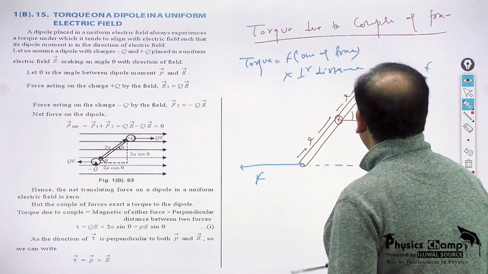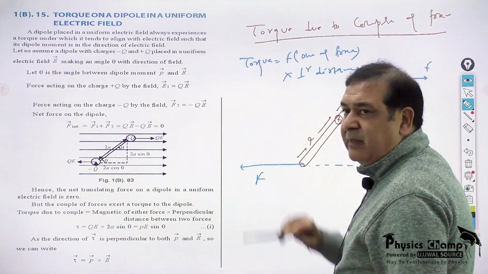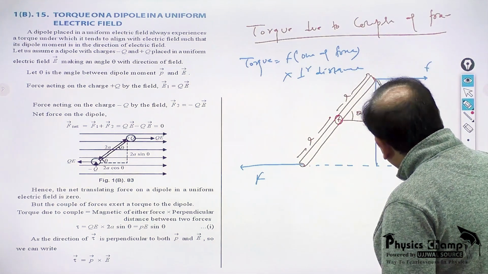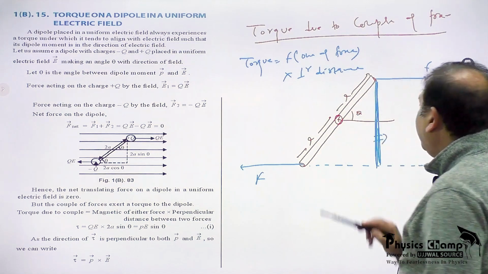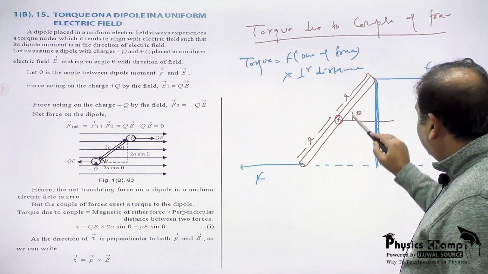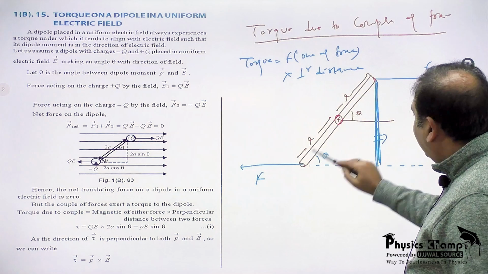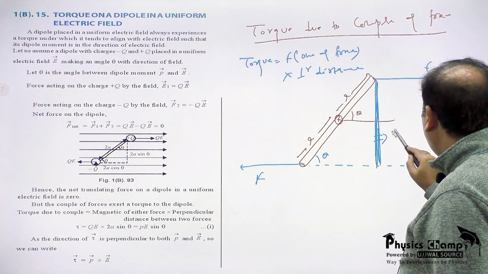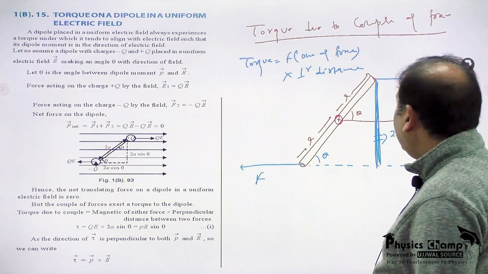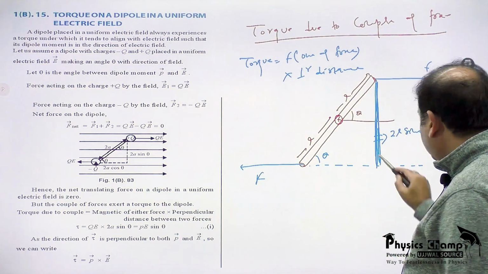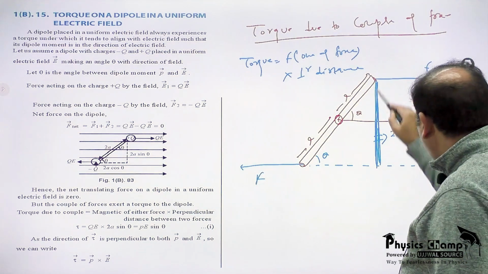I can produce a line of action here or here, and I'm looking for this perpendicular distance between the two forces. This is theta, this is also theta, this is 2L, it will be 2L sin theta.